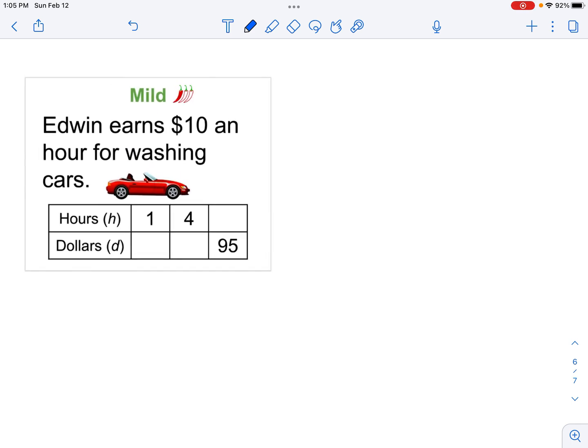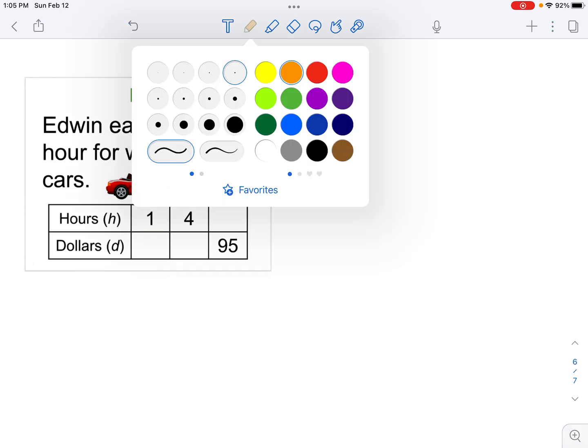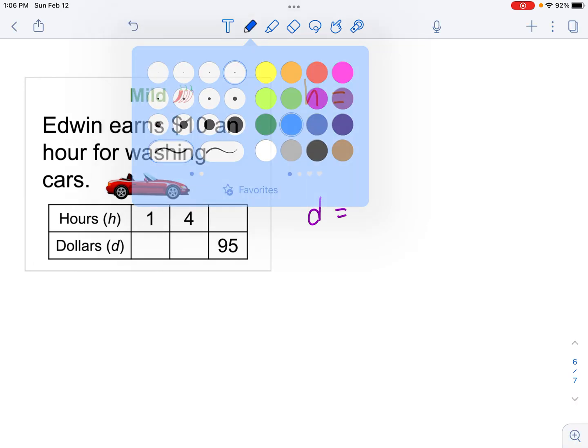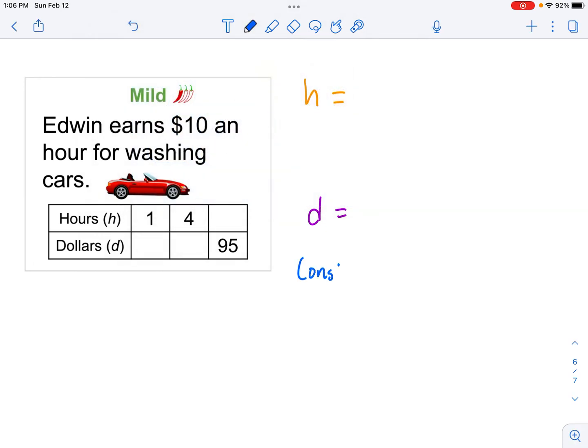There's two equations we could write. The first equation could start with h equals. The second equation starts with d equals. Now, to figure out what the rest of our equation should be, we want to find the constants of proportionality.